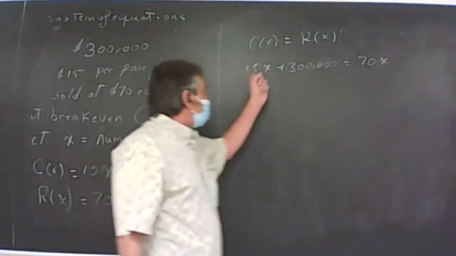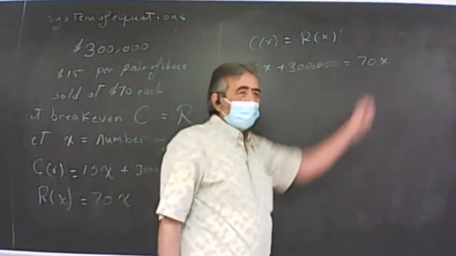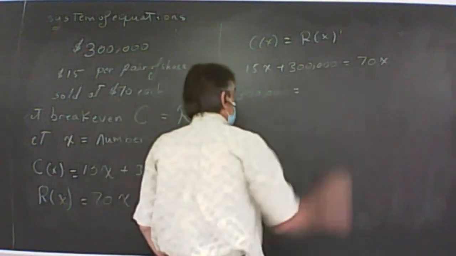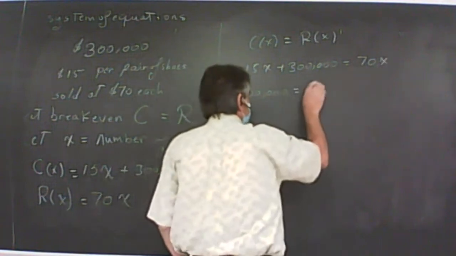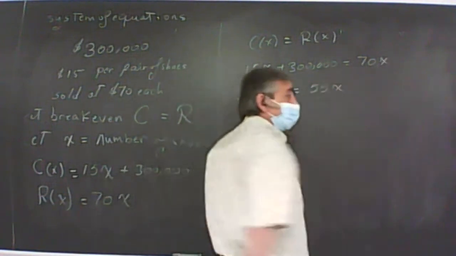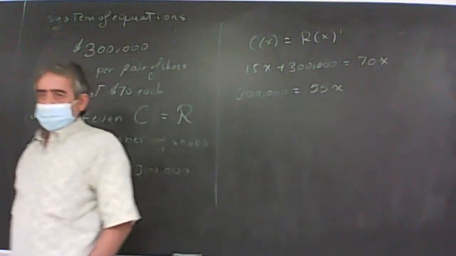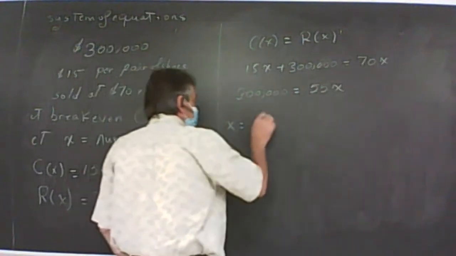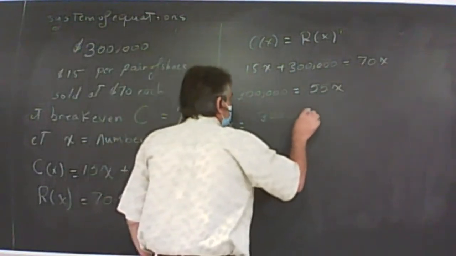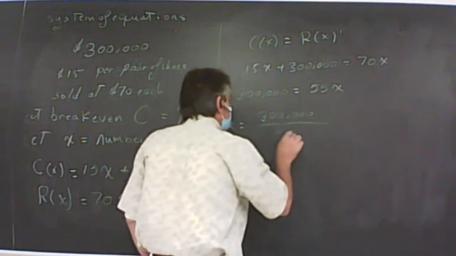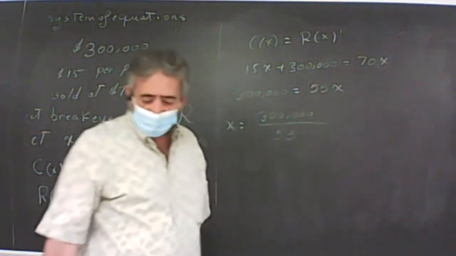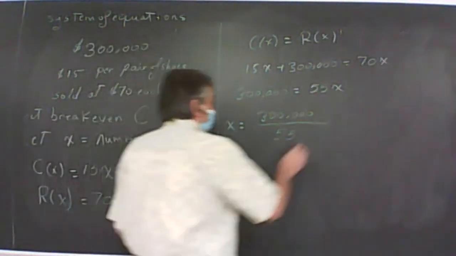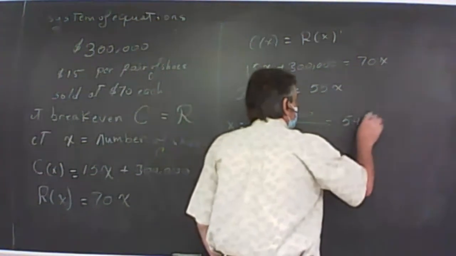So to solve this equation, we take the 15x to the other side. So we end up with 300,000 equals 55x, then x equals 300,000 divided by 55, and what's the number? 5,454.55.